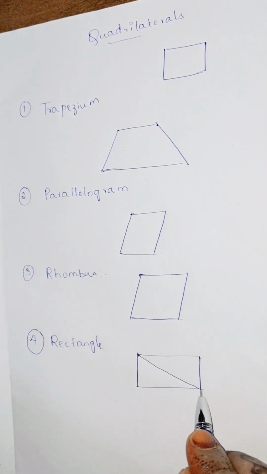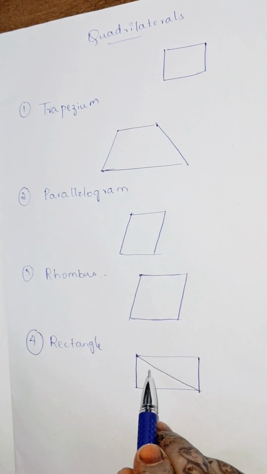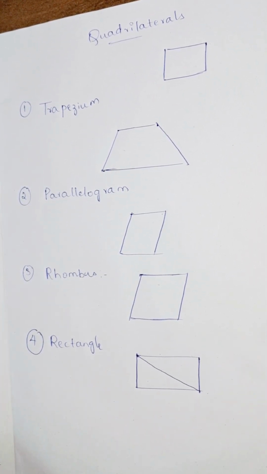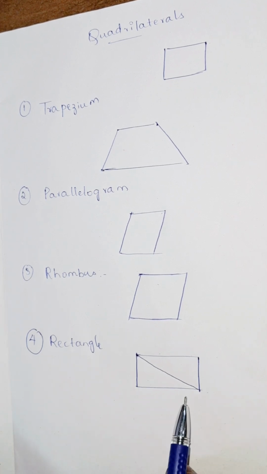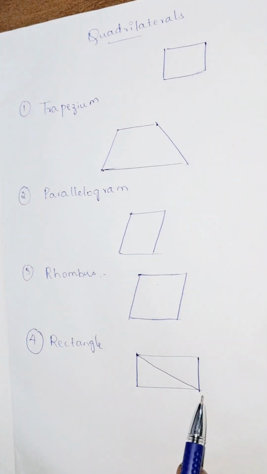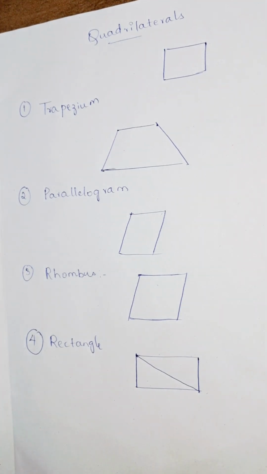If you draw a diagonal dividing it into two, there will be a right angle here and here.